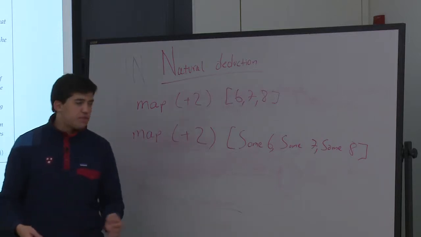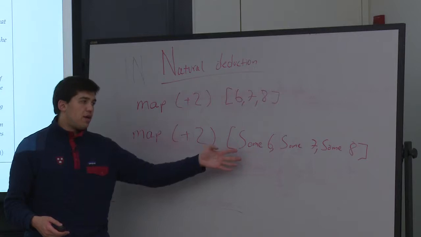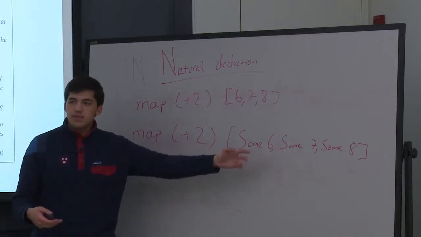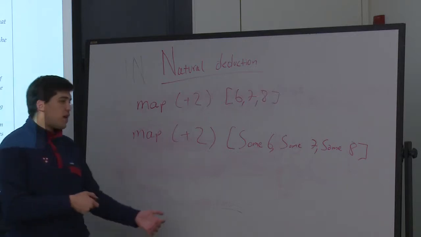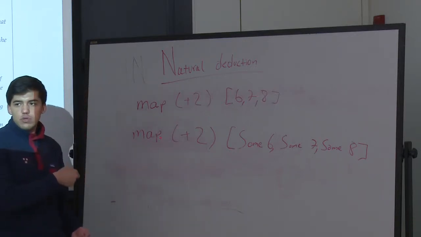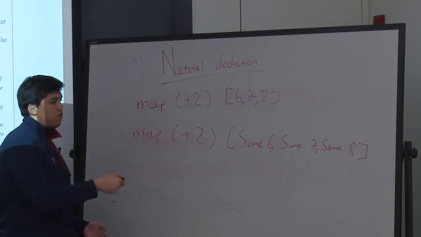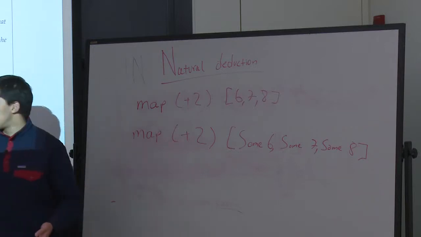At the end here, it's pretty intuitive what this will result in, right? This will result in a list Some 8, Some 9, Some 10. However, for the purpose of this question, we are just showing that even if we were to have the option types, we can still show that the map function holds when we integrate our option types. This is the whole purpose of this question.